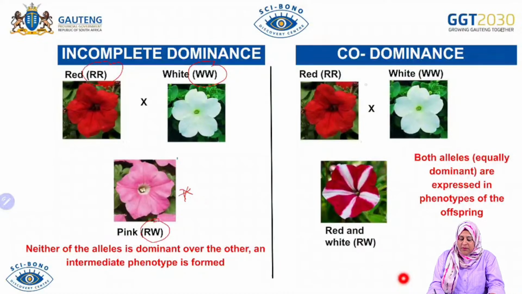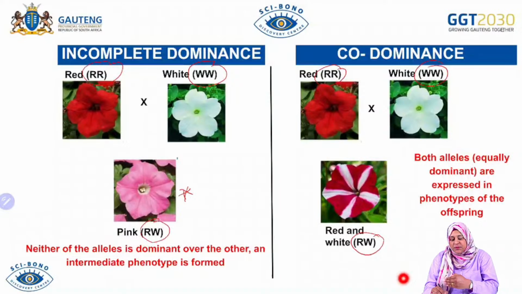Now we look at codominance, and the notation here is the same, but how will you know that this is codominance? It is because of the color of the offspring. In this case, both alleles are equally dominant and they are both expressed in the offspring. So the red is saying I am dominant, the white is saying I'm also dominant, so the offspring will have red and white.